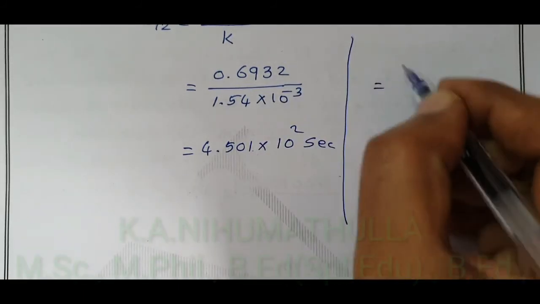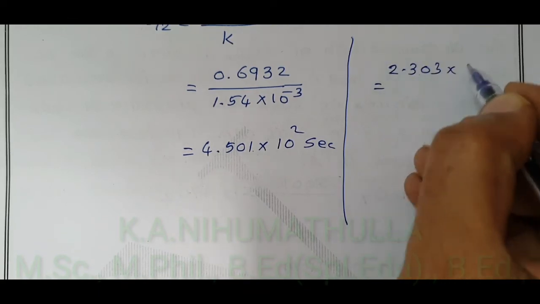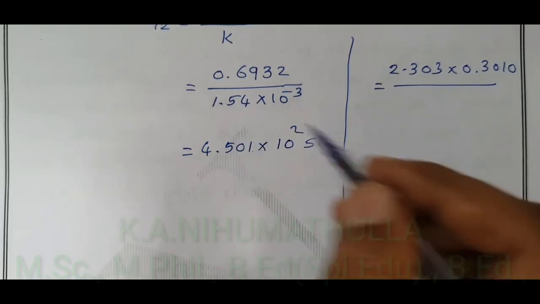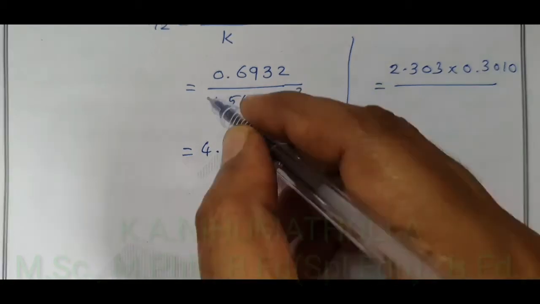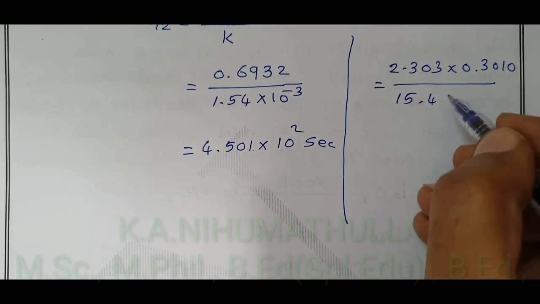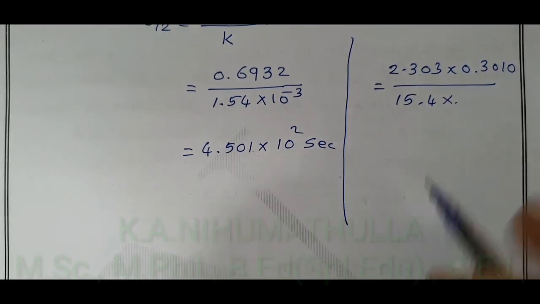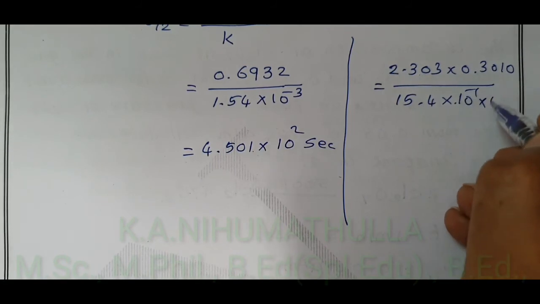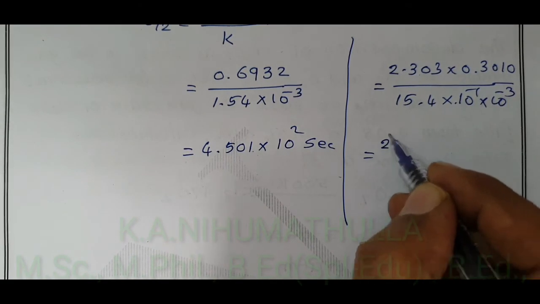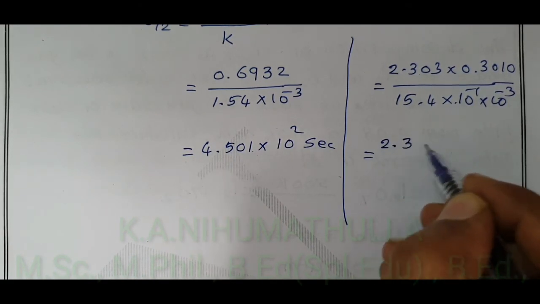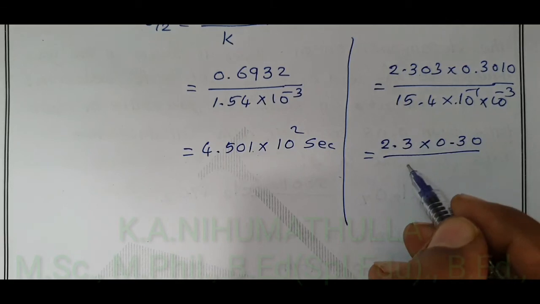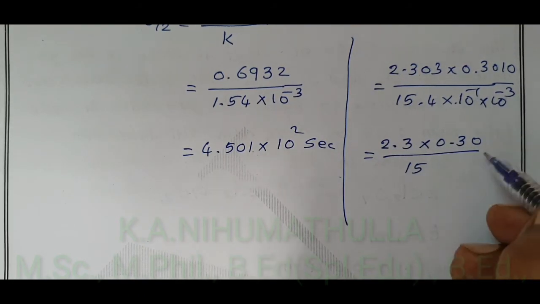0.6932. We can write 2.303 into 0.3010 by 1.54, which can also be written as 15.4 into 10 power minus 1 and 10 power minus 3, that is equal to 2.303 simply taken as 2.3 into 0.30, that is enough, divided by 15.4, which can be written as 15, 10 power minus 4.